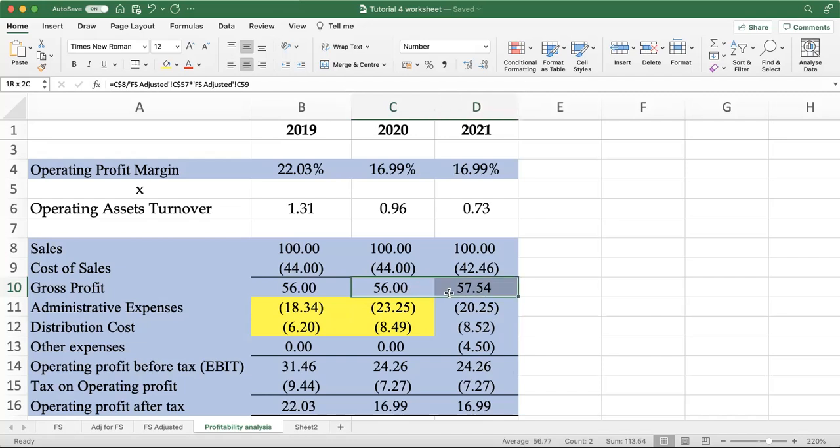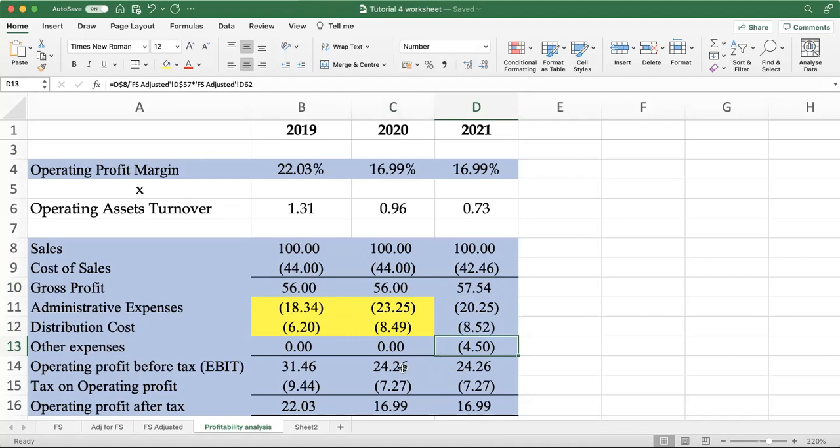Gross profit margin increased, your distribution expenses increase, and you have spent money for additional other expenses. Other expenses in 2020 were 0. It's 4.5% of sales in 2021.